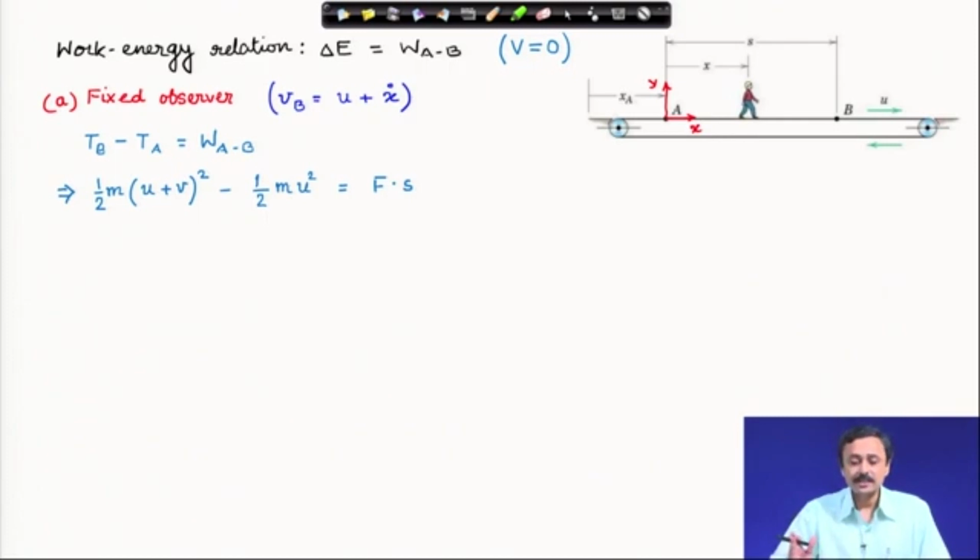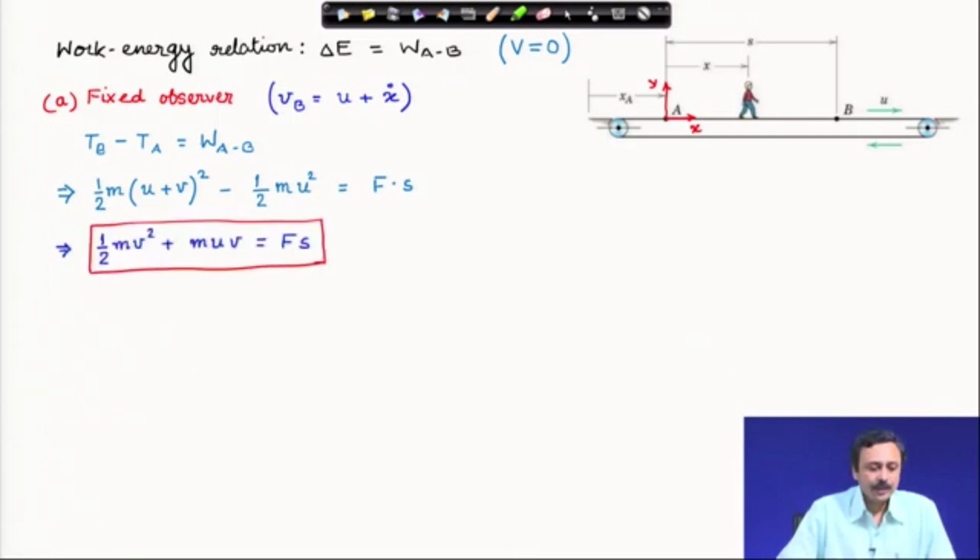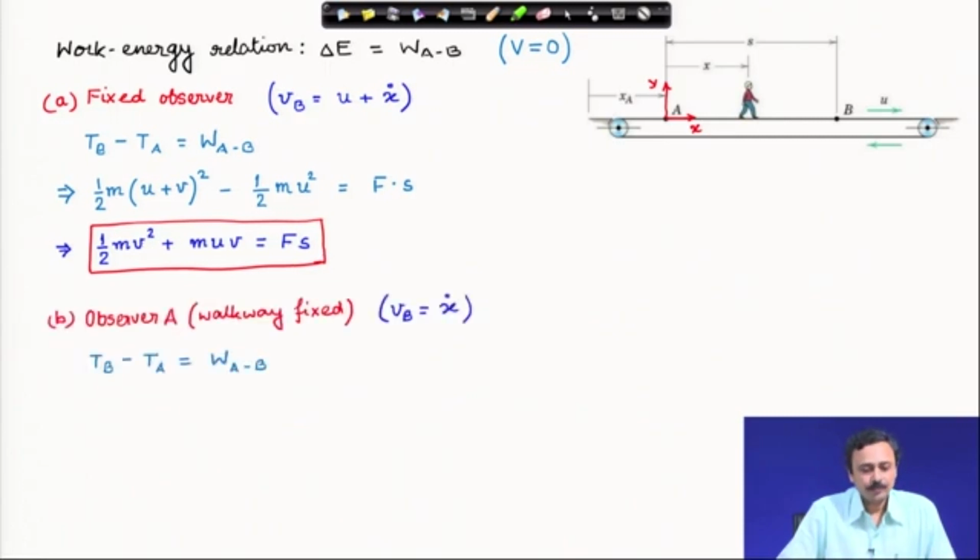Therefore, this S which has been marked is the net distance travelled between A and B, and whatever be the force that is acting between the boy's shoe and the walkway, it is F, and F dot S is the net work done on the boy, which changes his kinetic energy as given on the left. If you simplify, then you get half m v square plus m u v equals F times S.